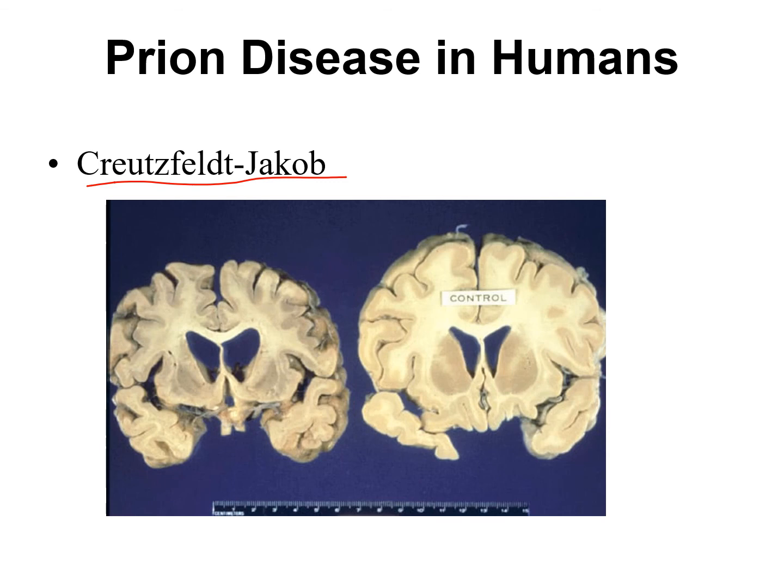And of course, the humans lose motor control, they have psychological changes, and eventually they go into basically a coma. And the only way you can really diagnose this is after death, when you do an autopsy and look at the brain and look at the spongiform aspect of the brain, so the damage that is done. But Creutzfeldt-Jakob is very unusual, but it's spontaneous. They don't know what triggers it.